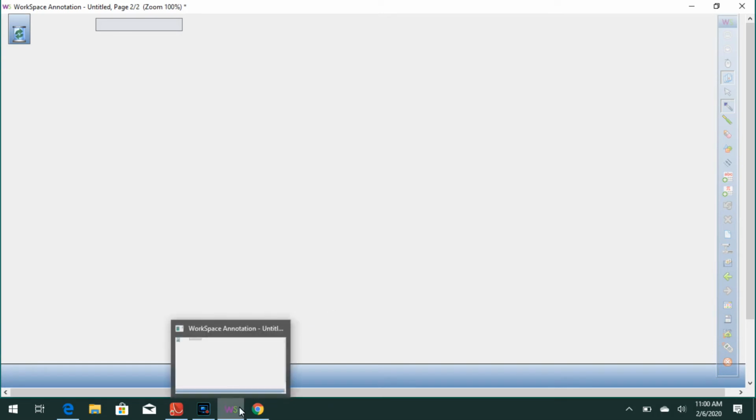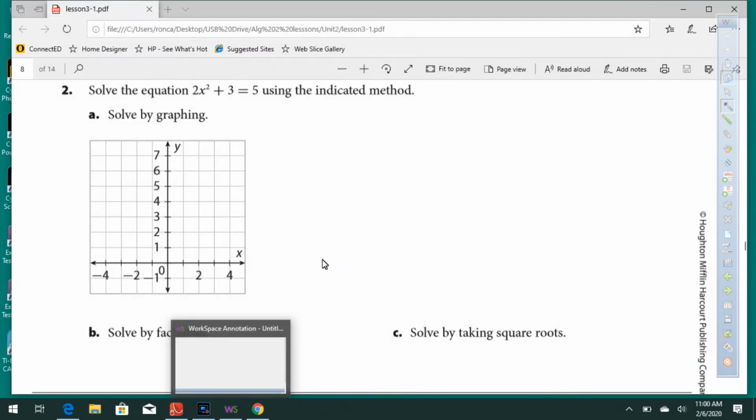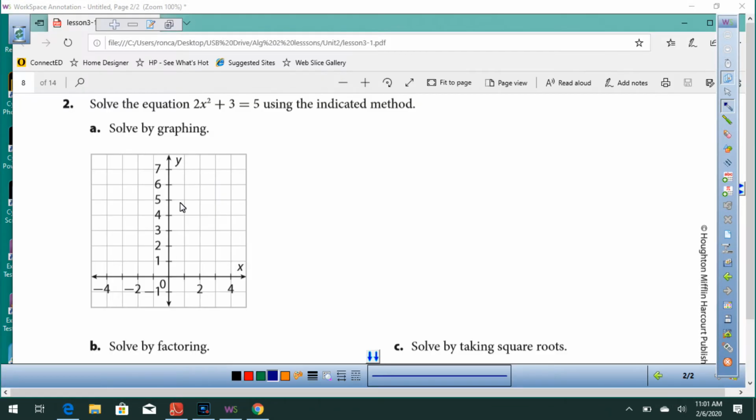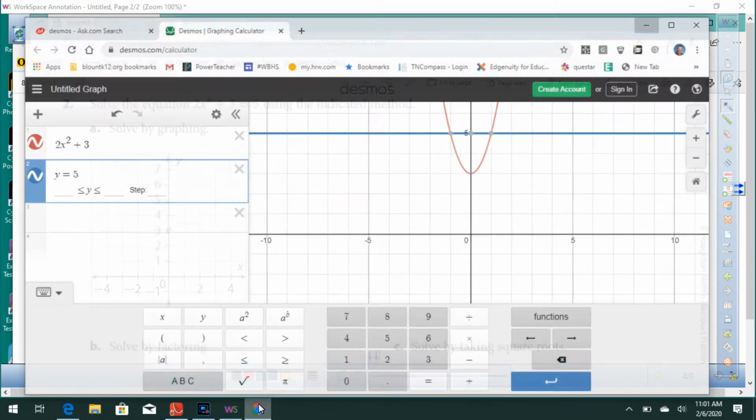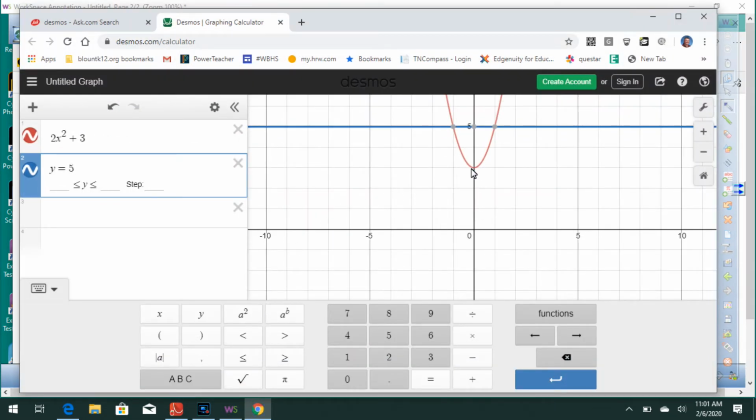There it goes. Solve the equation 2x squared plus 3. And since we already did it on Desmos, we had some points. 3 here. And what were those points? 1, 2, 3.